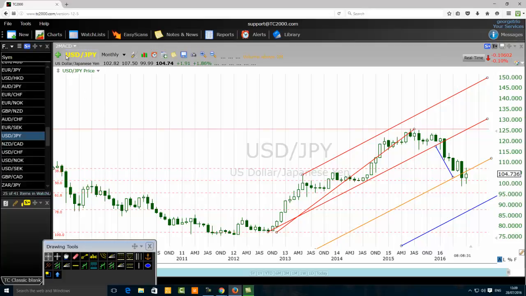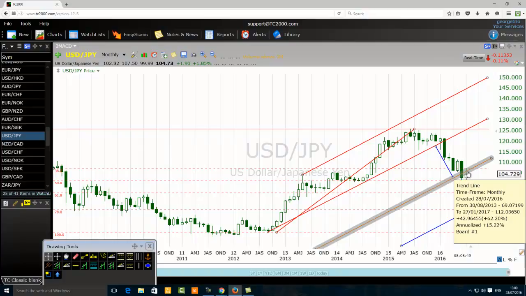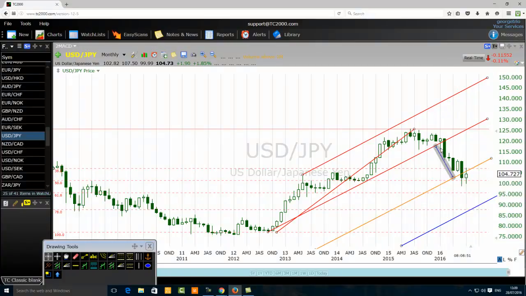So in that case, if they are buying the US dollar against the Japanese yen, we will expect the US dollar yen to go up. But we cannot ignore the price structure. In this case, the price dropped below the projected channel and is now retesting the edge of the channel. All right. So before we can become bullish, the price must return inside the projected channel.